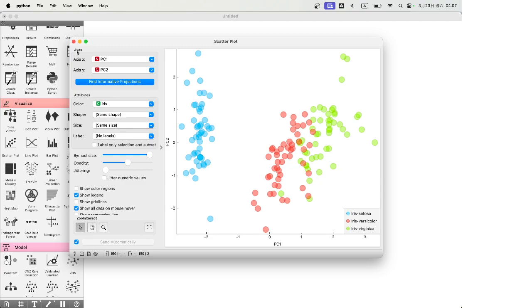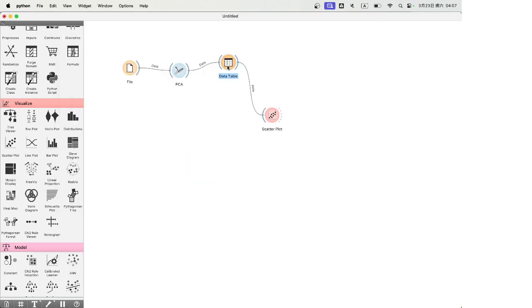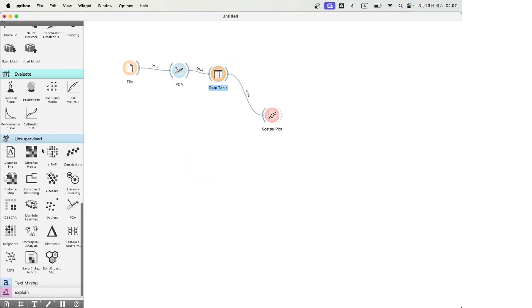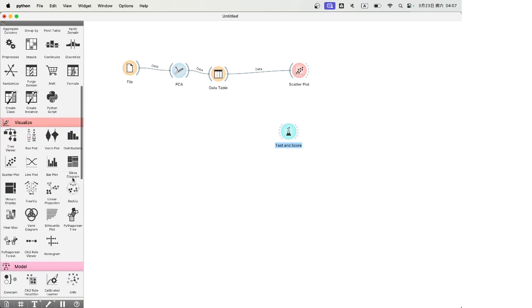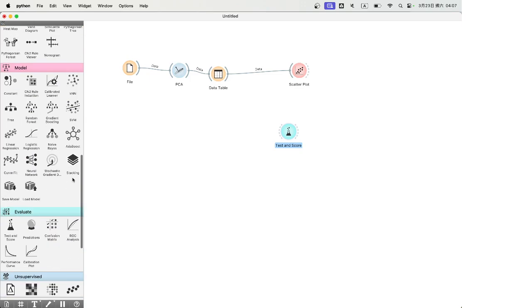Sometimes you can use the dimension reduction data to perform prediction or testing. That is because sometimes we have too many features. So let's try, for example, logistic regression.